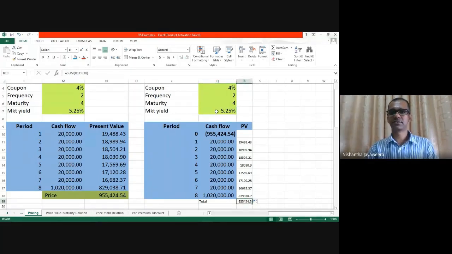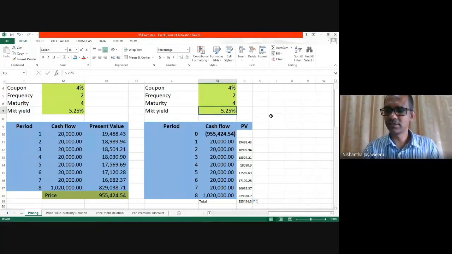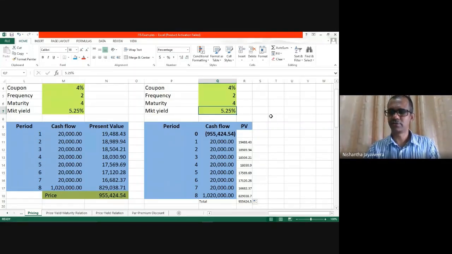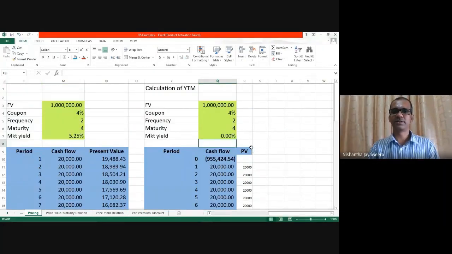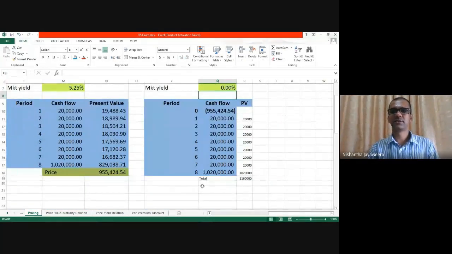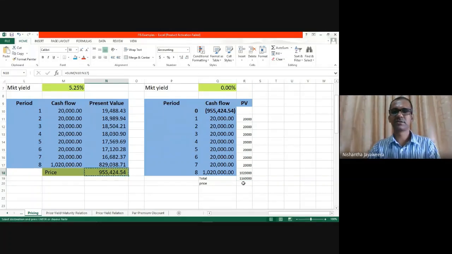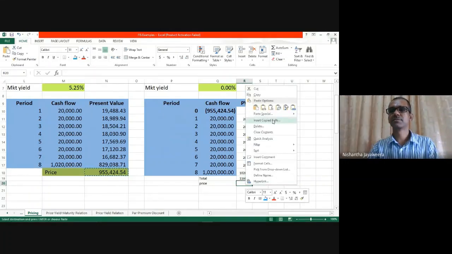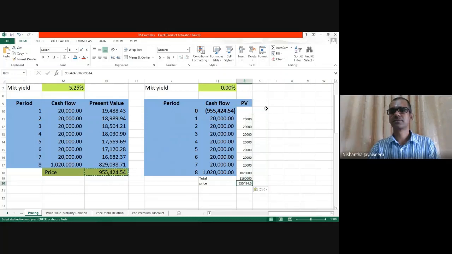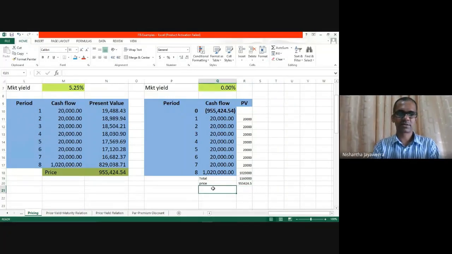But we don't know what the yield is. That's what we are going to find out. So we put it, it will give something like this, but we know the price. This is the price. We can put this price here. And what is this total? This is the price. Calculate the difference.